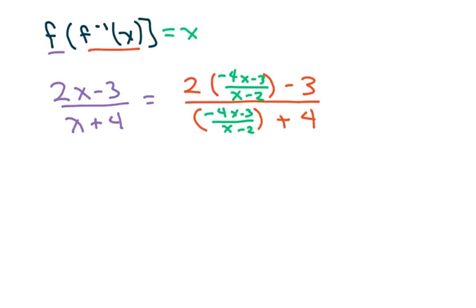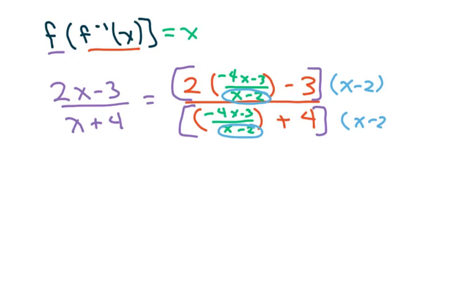So what I'm going to do is clear my denominator by multiplying by x minus 2 here. So multiply my numerator and my denominator by x minus 2. Now, when you distribute to this first part, this will just cancel, and you're left with 2 times negative 4x minus 3.